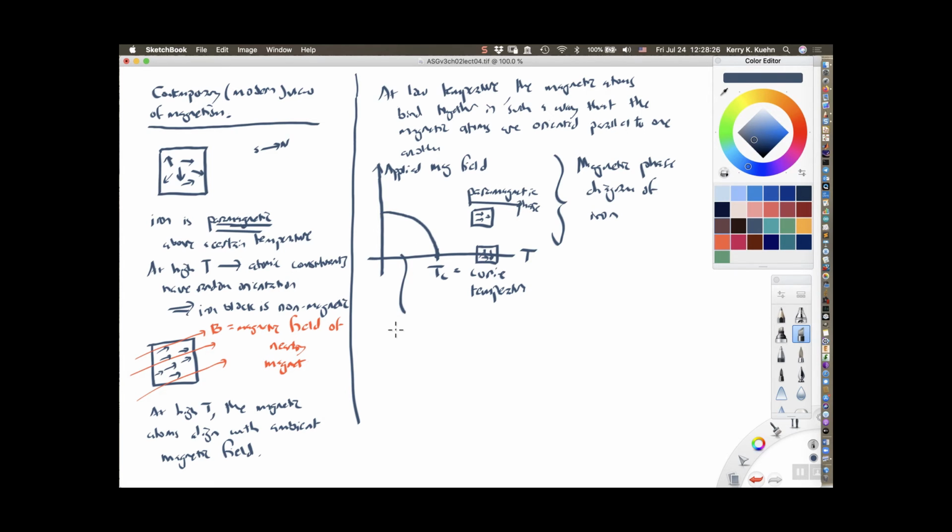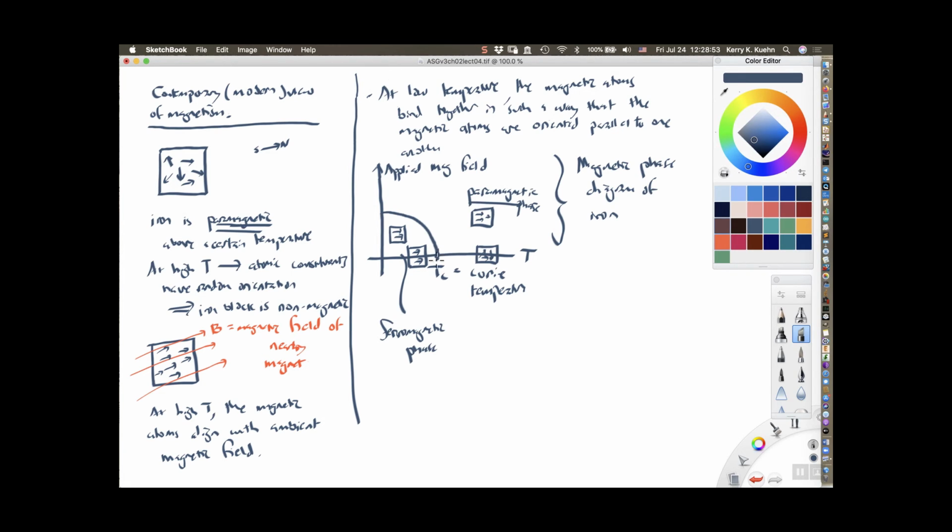This inside of here is called the ferromagnetic phase. And in here, even in the absence of an applied magnetic field, they will tend to orient with one another. So you have a block of material. These little magnetic atoms will co-orient, that is, they'll be parallel to one another.